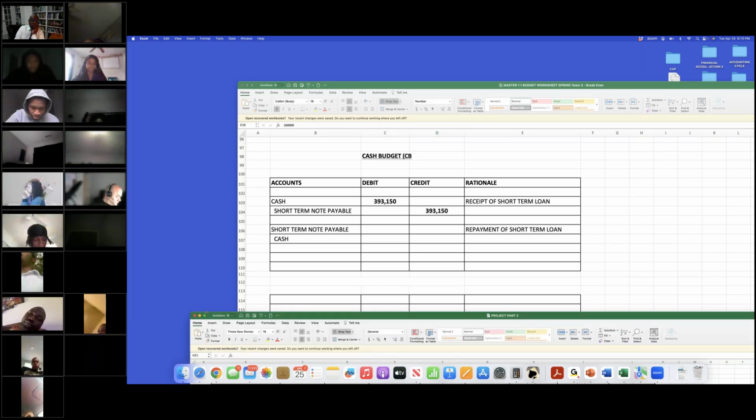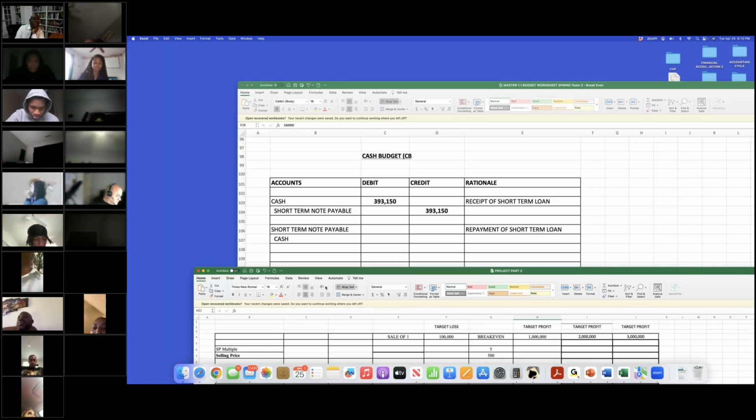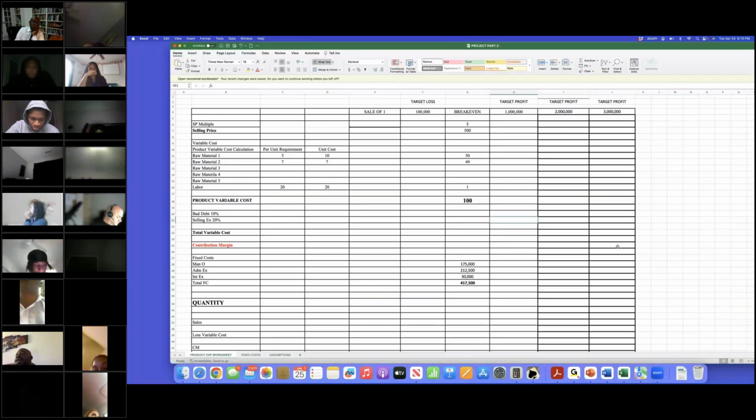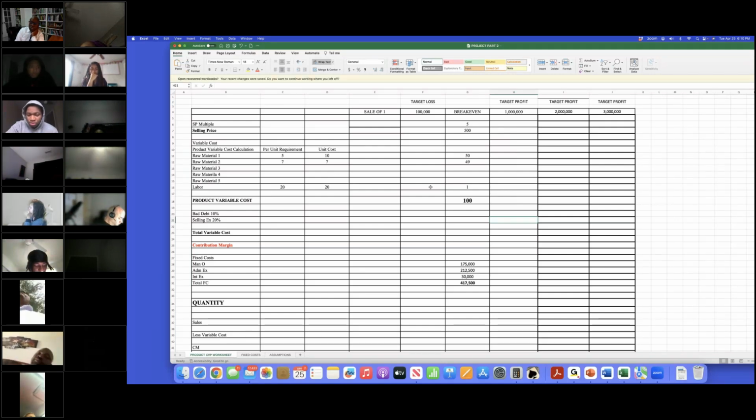Okay, so your assumptions. Remember, I want to see these per unit requirements on your variable costs, because that's going to be important for you in balancing out. And then you see now the value of this product variable cost. That's going to be in that journal entry.